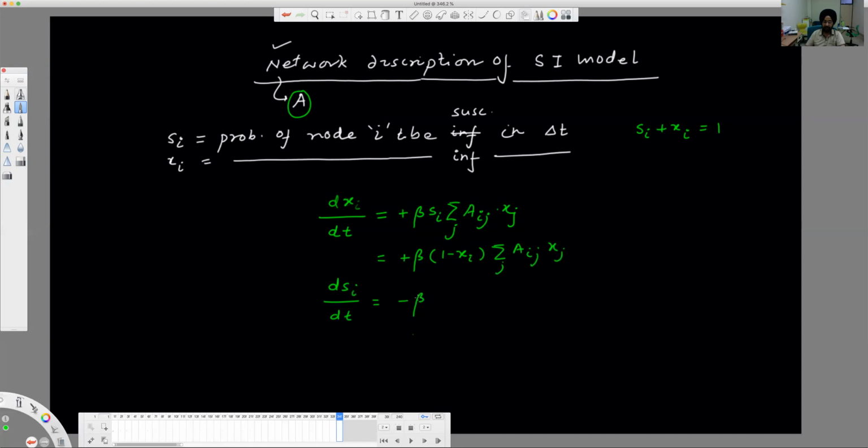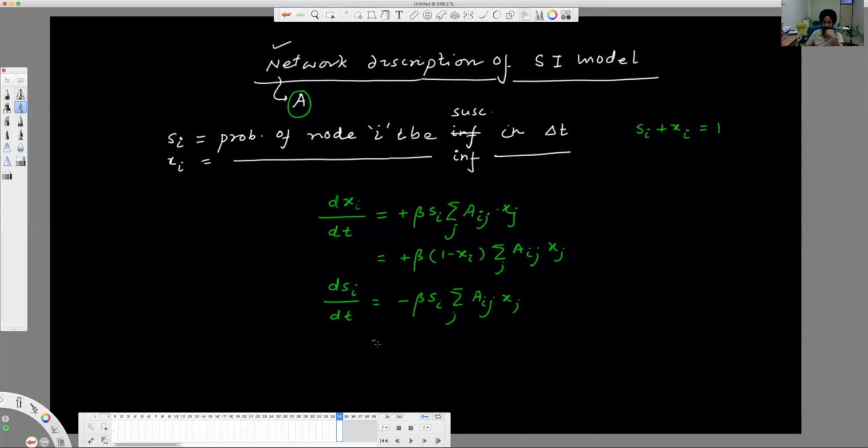Now the number of susceptible individuals will decrease, so we have a negative sign there. These two equations are essentially the same, right?